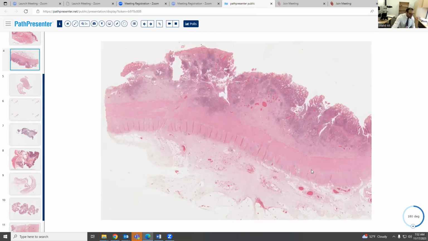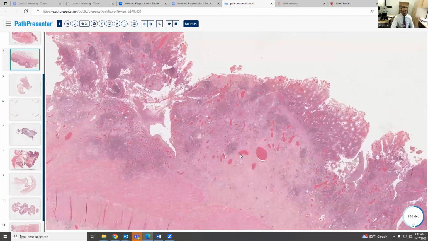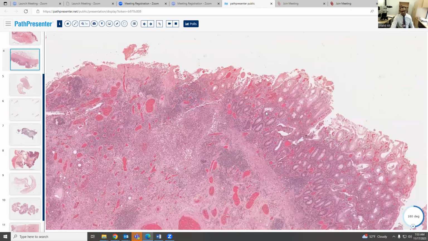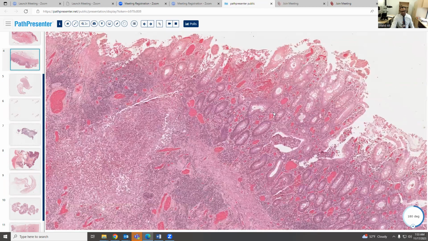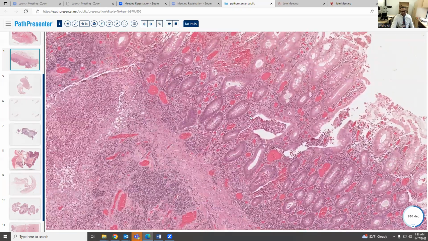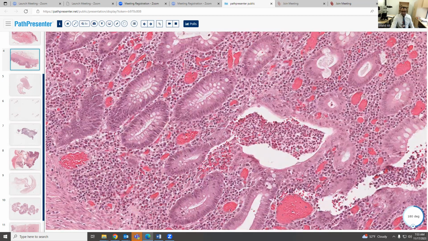So in this case, the patient also came with abdominal pain or whatever. As I mentioned, we will still look for features. There's some crypt distortion here. So this crypt doesn't look normal. It's not circular. And there is also a crypt abscess here. This is a feature of activity.